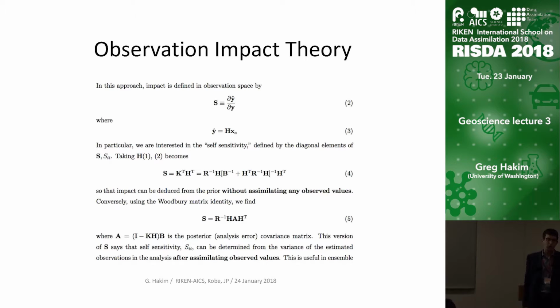That's still a work in progress, is about all I can say about that. Did that answer your question? Yeah. And the off-diagonal terms of that matrix would explain how much one observation influences the other. Exactly. Yeah.